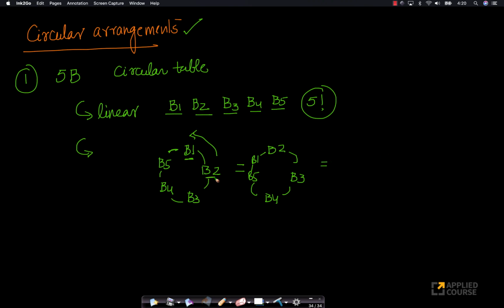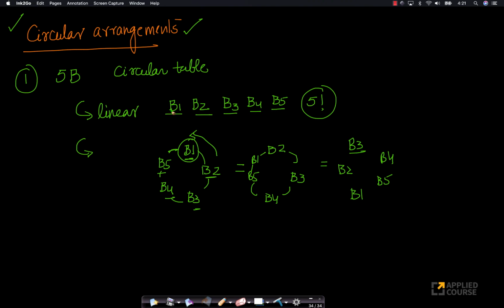Let's assume there are 5 locations here for simplicity. In this location, I could have B1. Now if I rotate this left, I'll get B2. Again, if I rotate this, I'll get B3 here, B2 here, B1 here, B5 here and B4 here. All these arrangements are considered equivalent in circular arrangements.